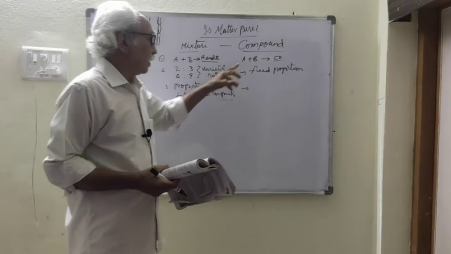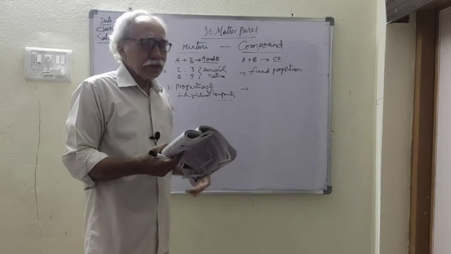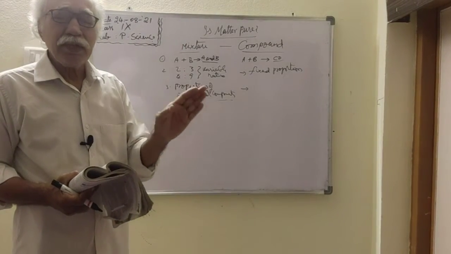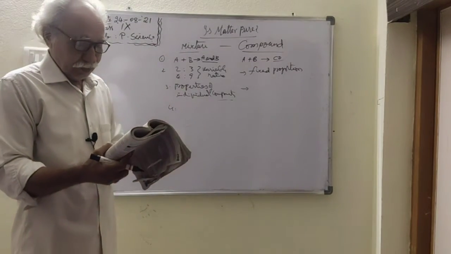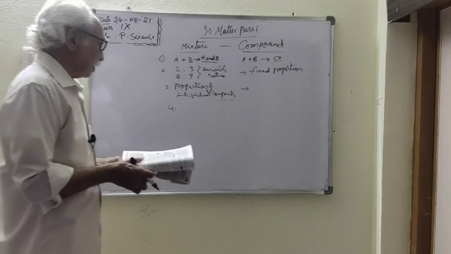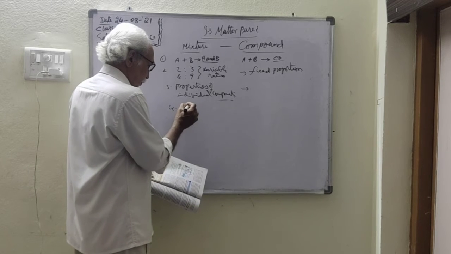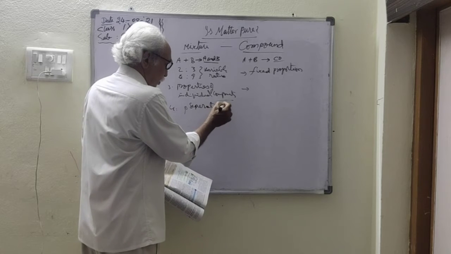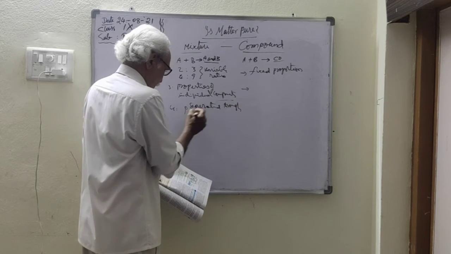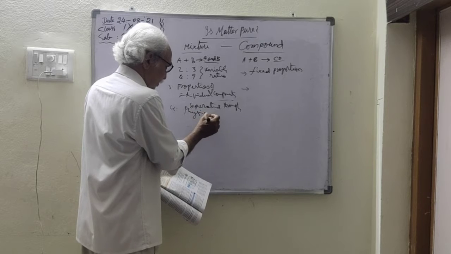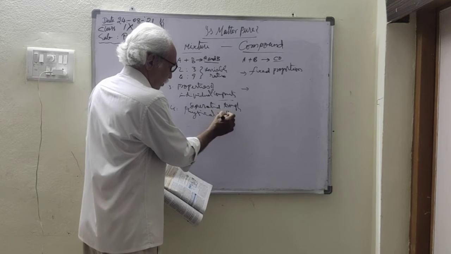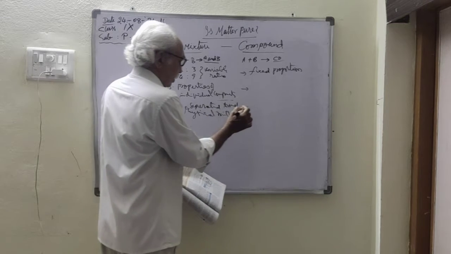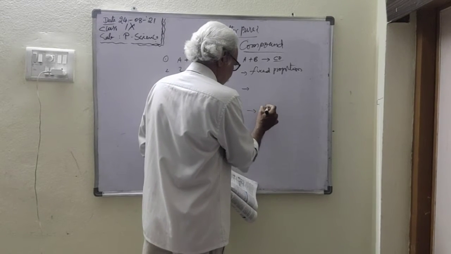But in compounds, the composition is not separated easily. They are separated by chemical reactions, by chemical processes or chemical methods.